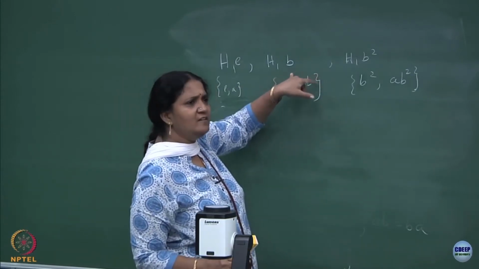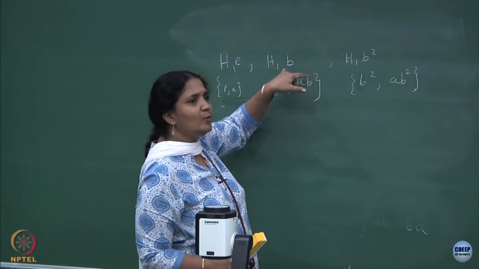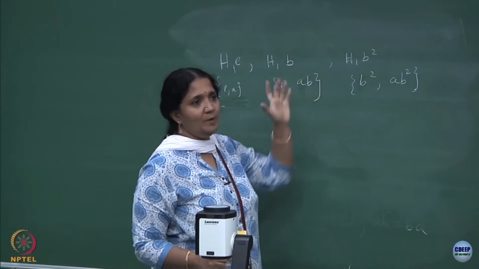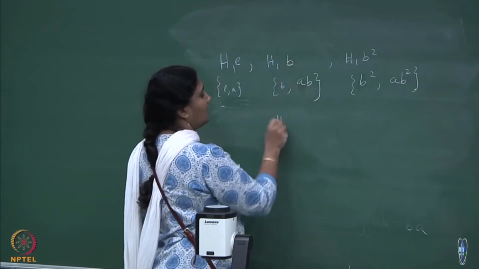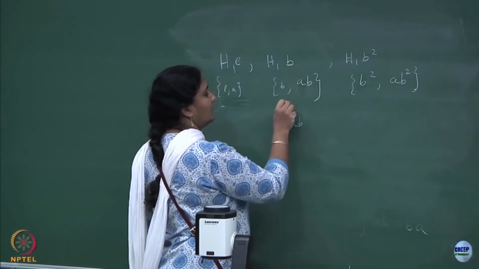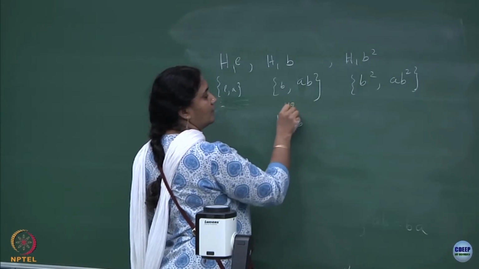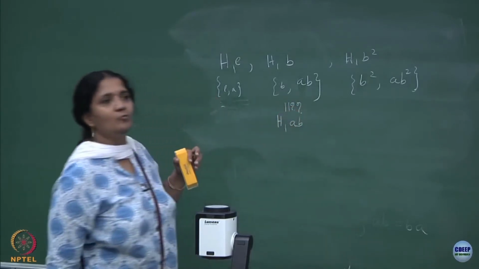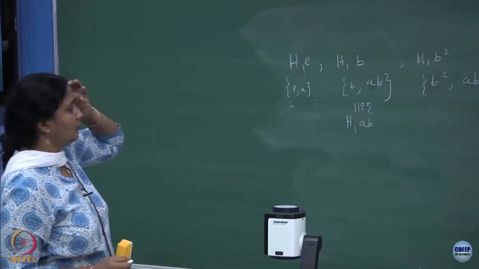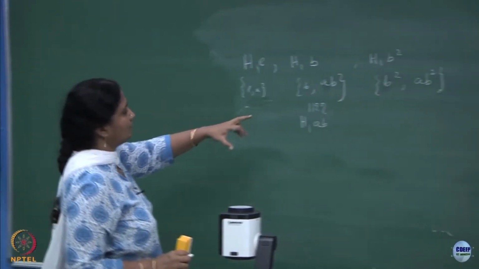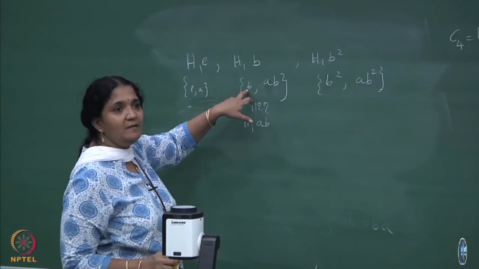I could have done other things also. I could have done H1 times AB also. Nobody prevents me from doing that. So, this one is same as H1 AB, is that right? Is it same or no? Somebody. So, first element will become AB.